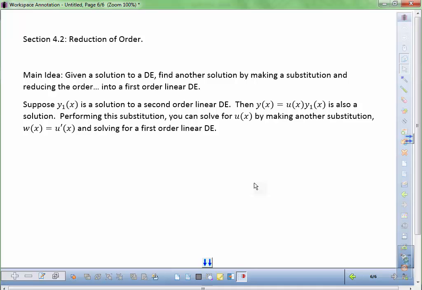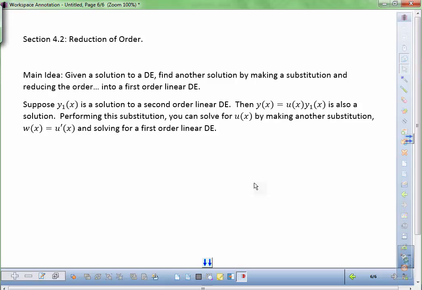All right. So still, the difficult part about this is that we have to assume that we have a solution already. We have one solution. And so what we have to do is, given one solution, can we find another solution? And we can do this by what's called reducing order.